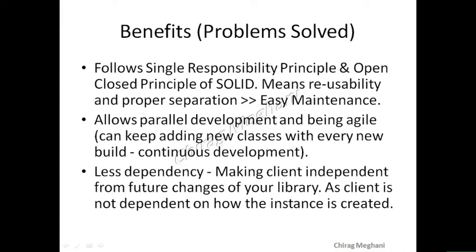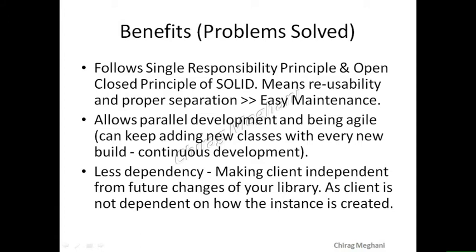What are the problems solved? We have already discussed. I'm just briefing up again. SRP is followed, open close principle is followed from SOLID. This means our code is easily maintainable, we are able to reuse. So first benefit is clear. Second is it allows parallel development.